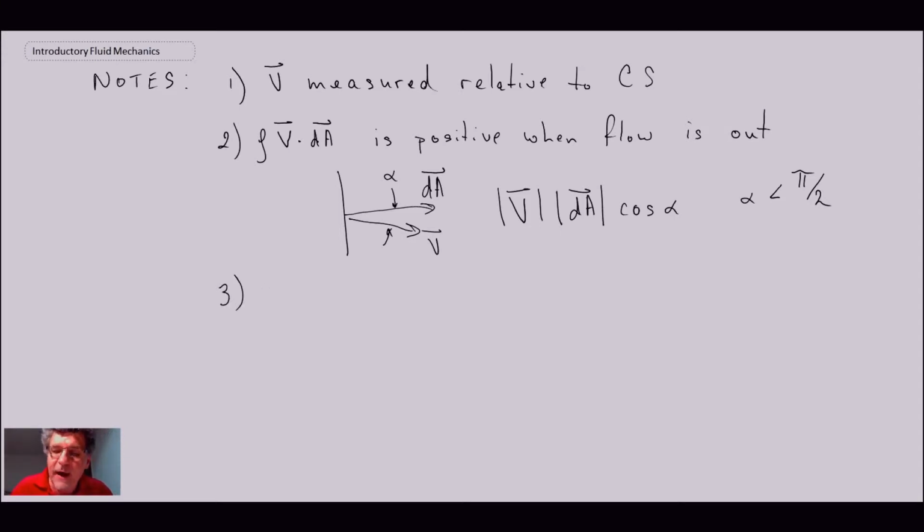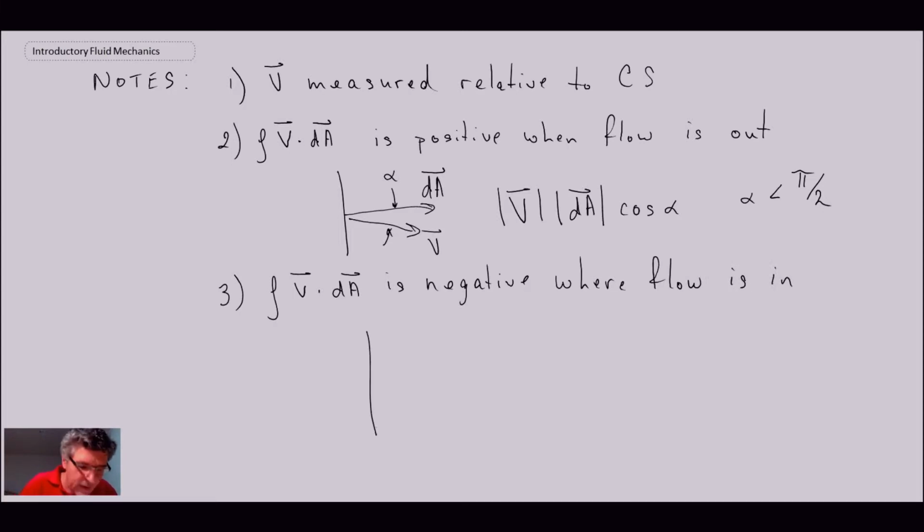Another example of that is where you have flow coming in. So again, drawing our surface, we have one vector, and then we have our area vector on the other side.